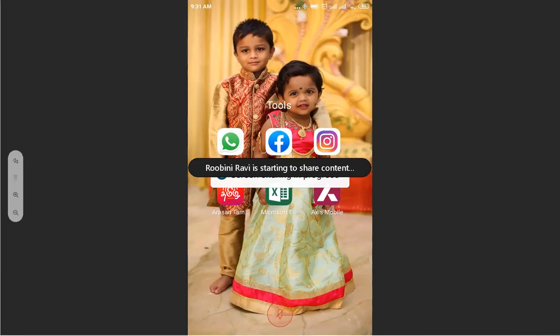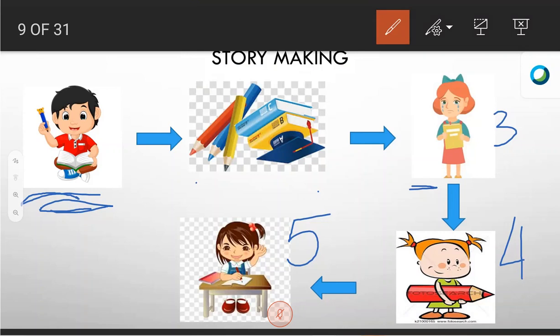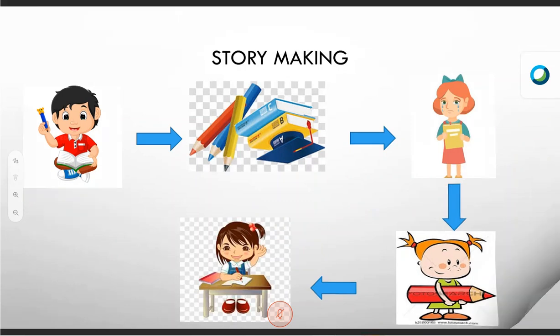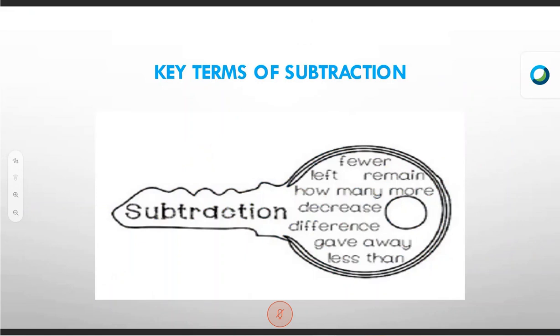So, I have not told you to do the subtraction, yes, but we are getting into the next chapter, that is subtraction. Chapter number 3, subtraction. What are the key terms I told? Left. Somebody said remain. But I said sharing, how many more.